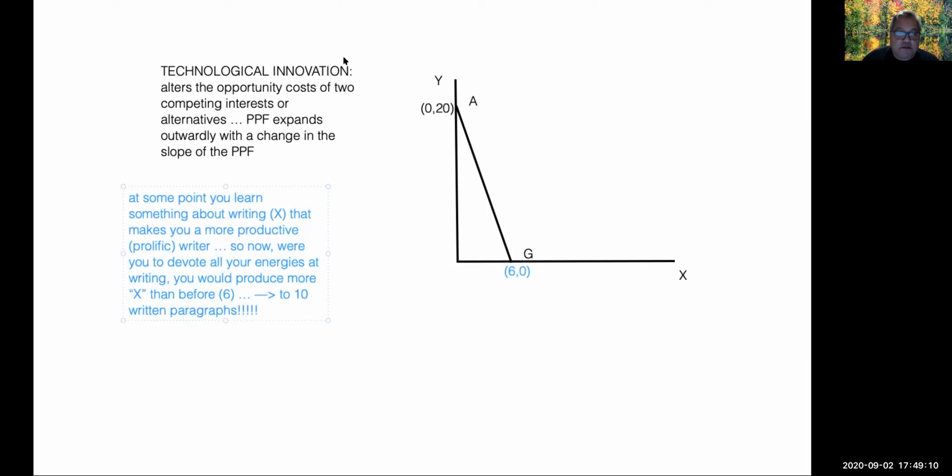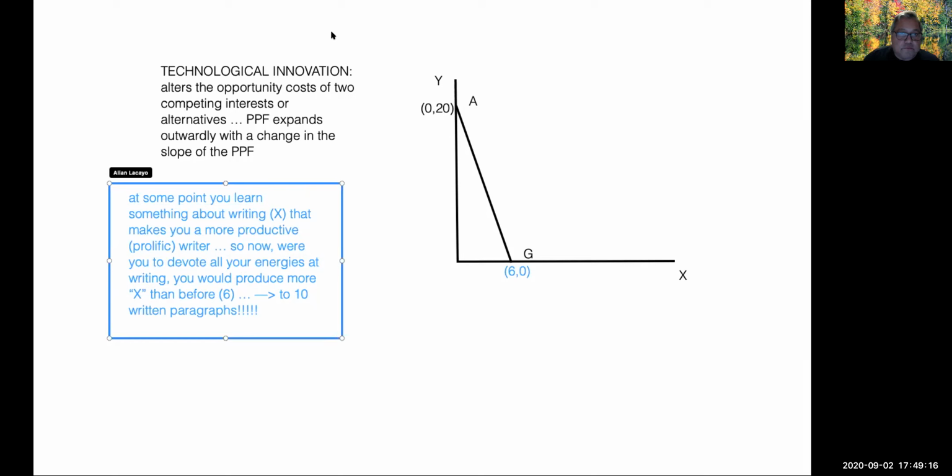How do we signal that particular effect graphically? That particular effect would result in point G moving to a new point.